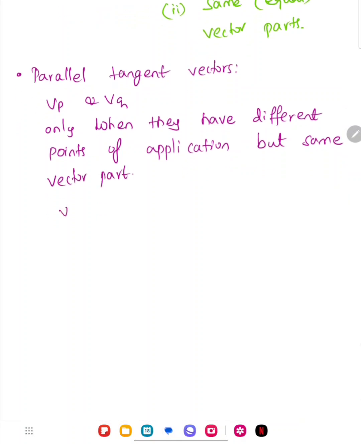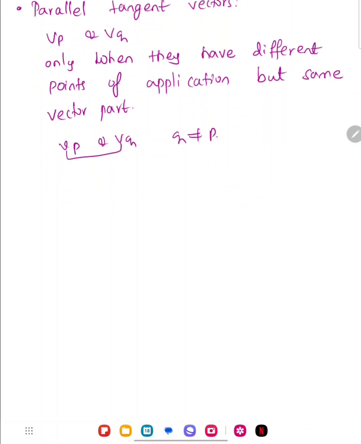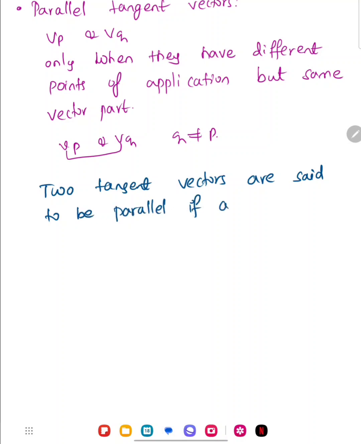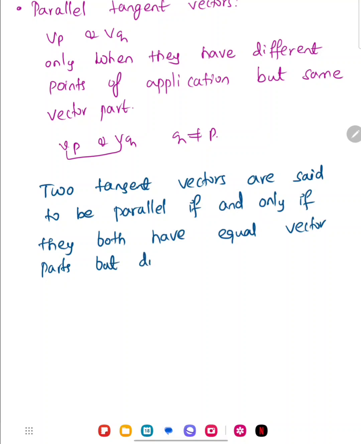Here for VP and VQ to be parallel, both have the same vector part, and Q is not equal to P. So to write it in a proper manner, two tangent vectors are said to be parallel if and only if they both have equal vector parts but different points of application.